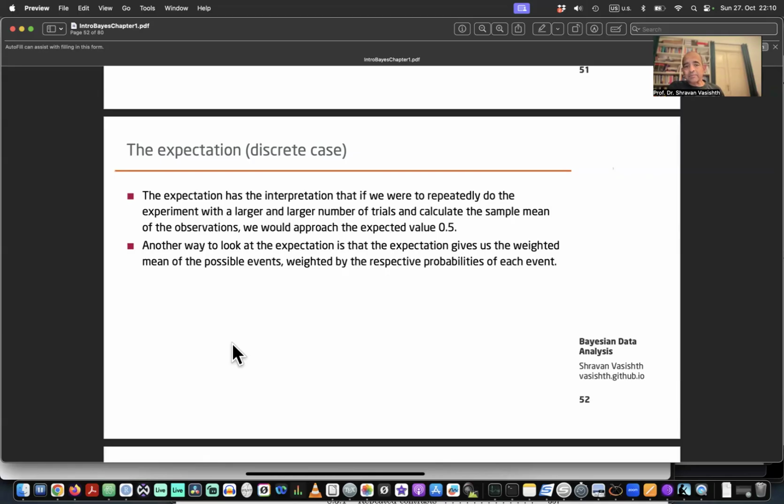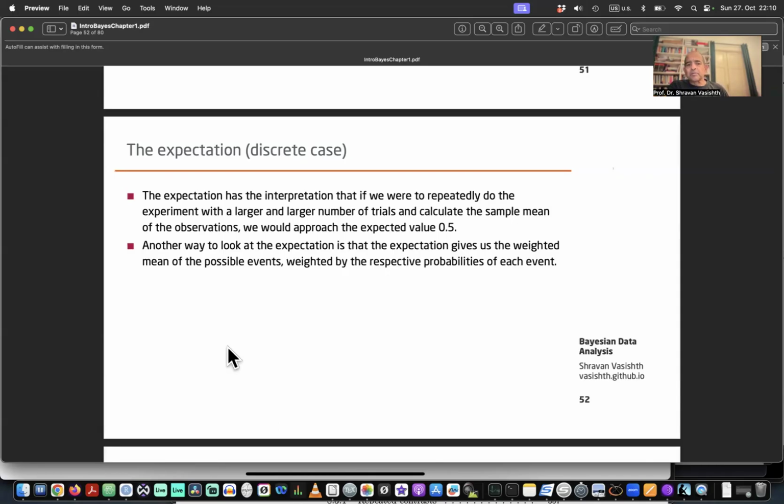So it's an asymptotic result. The expectation is what you would get to if you kept increasing sample size. For smaller sample sizes, anything can happen, right? And I will just demonstrate that visually, right?